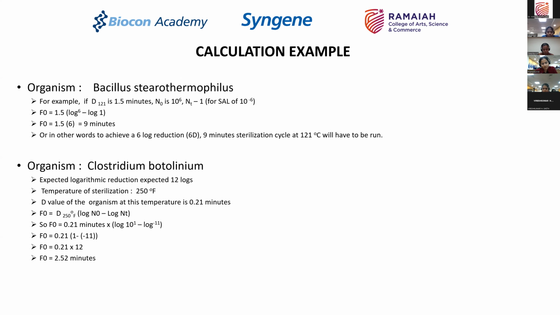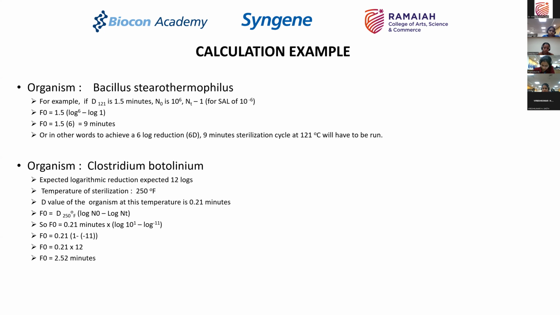I calculate. So my F0 is an expression in minutes at 121 degrees centigrade, by which I will receive a 6 log reduction. So I can determine what my sterility assurance requirement is. For example, I say I want a 12 log reduction. So my log 12 minus log 1 is what I will plot.